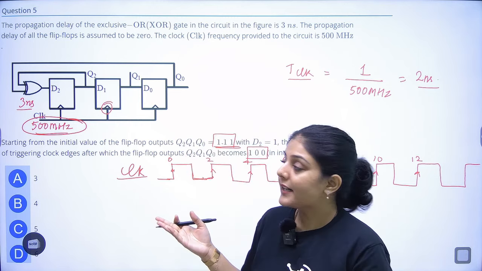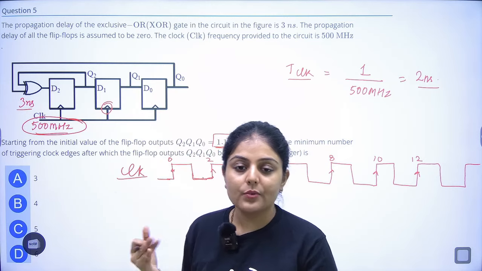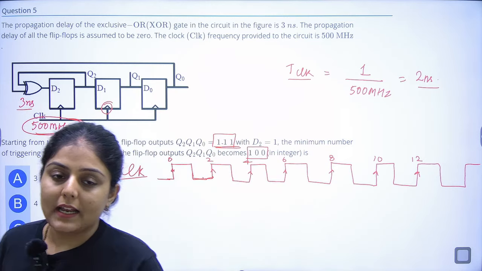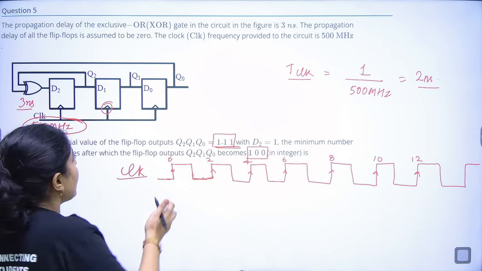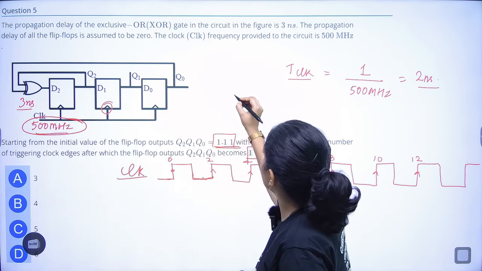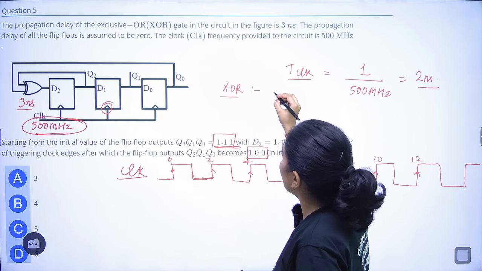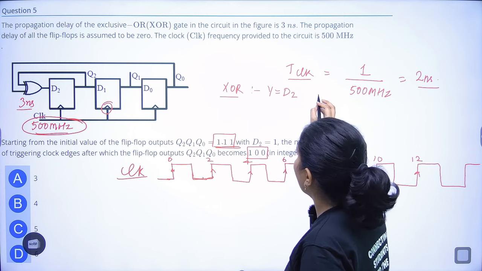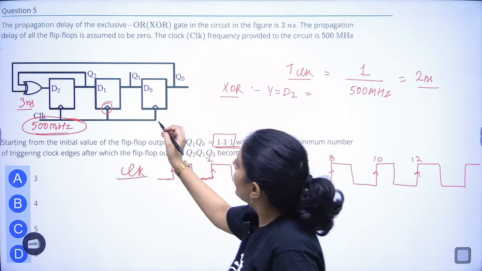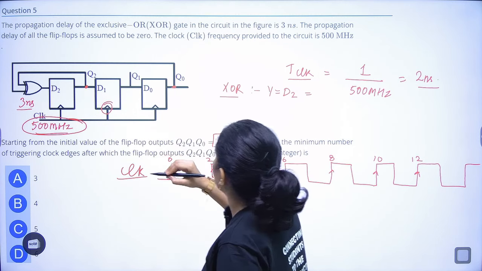Now, this is the circuit given. This is D2, D1 and D0. There are 3 D flip-flops, right? And here an XOR gate is connected to D2. So the XOR gate is giving output Y, which is nothing but D2, and D2 is equal to this XOR D0.